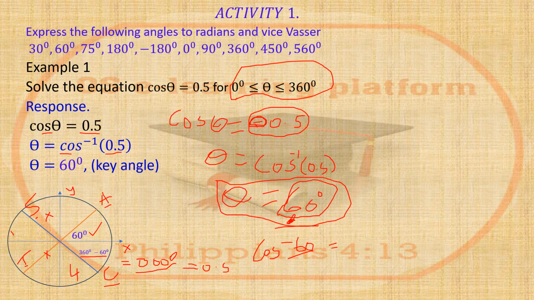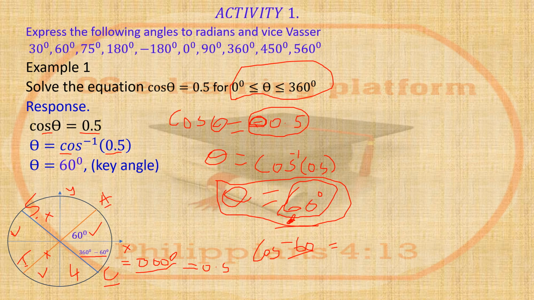I will get 180 minus 60 in the second quadrant, and in the third quadrant I will get 180 plus 60. Those two angles are the ones that, when you press cos, give you a negative 0.5.